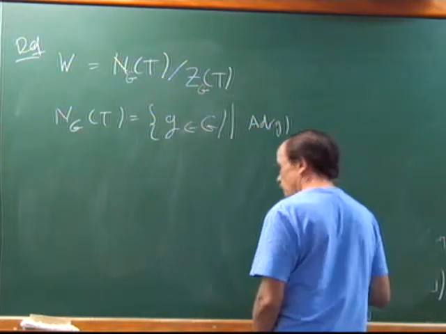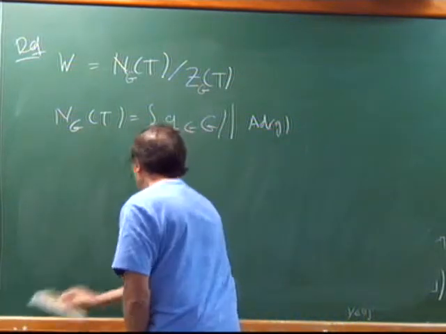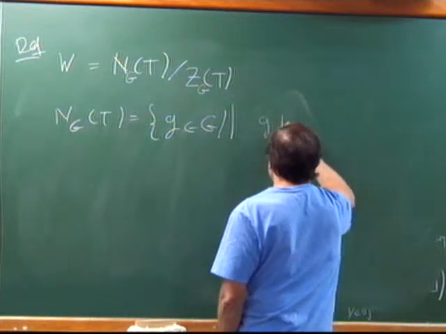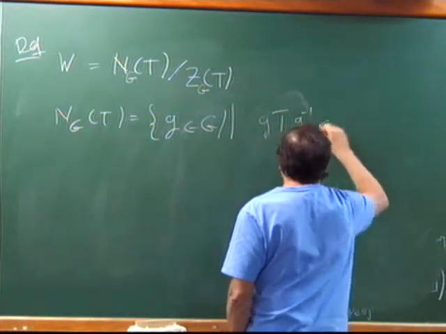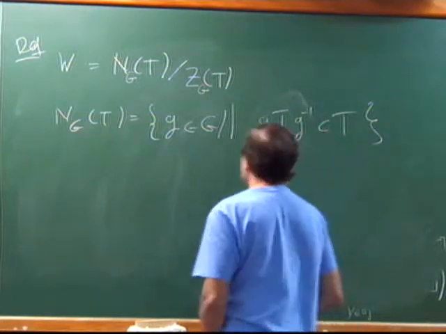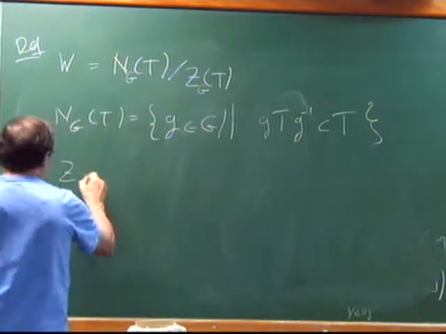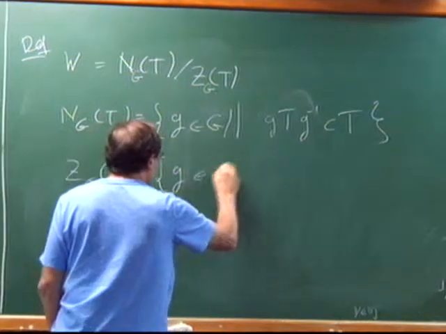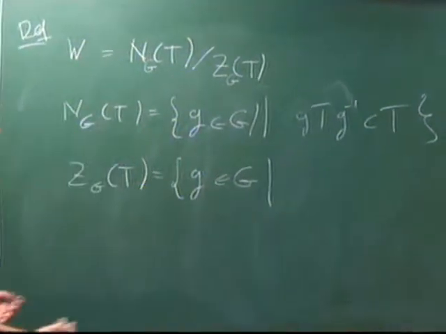Well, sorry, we're on the group level here, so I might as well conjugate, such that hTh inverse is contained in T. And the centralizer of T should be what?